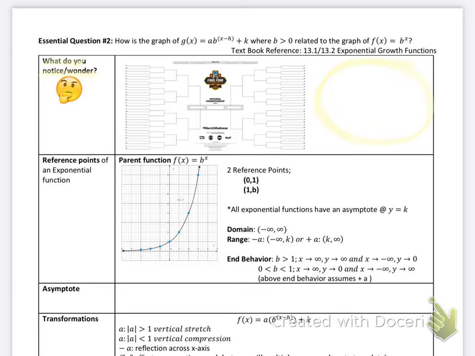So 64 go to 32 teams, go to 16 teams, go to 4 teams, go to 2 teams, and then there's a final winner. When we talk about exponential functions, you're going to see them look something like this graph that you see down here. It starts off at a slow pace and either drastically goes up higher or drastically goes down.